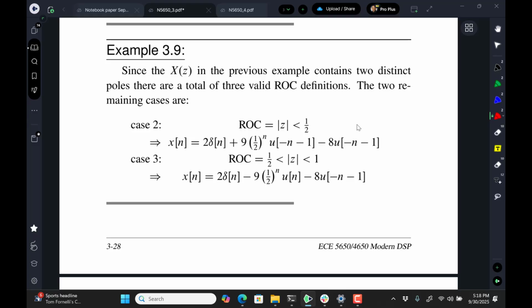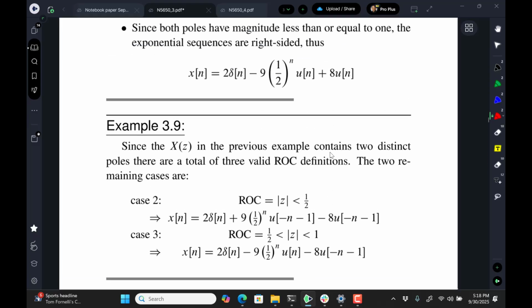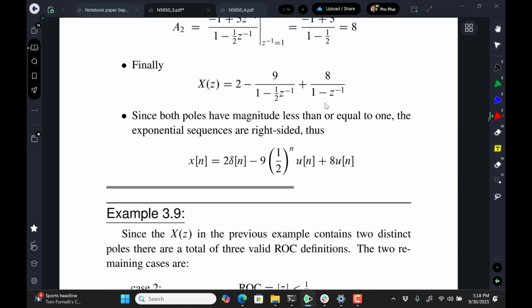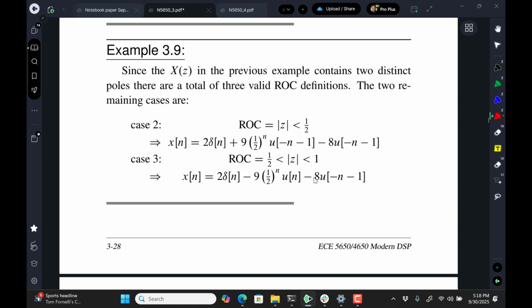Yeah, and then this term right here, the pole at 1, it would be left-sided. So we're going to get a minus sign in front of it, and then u of minus n minus 1.